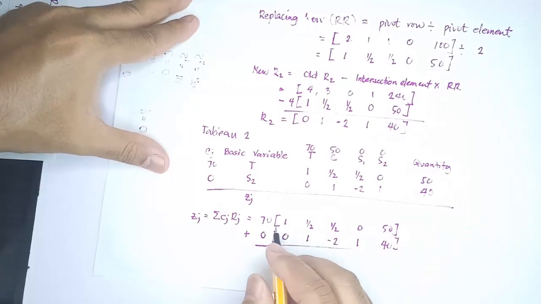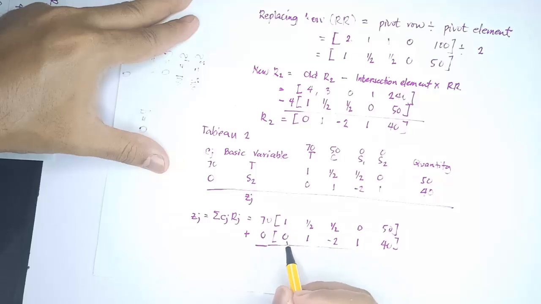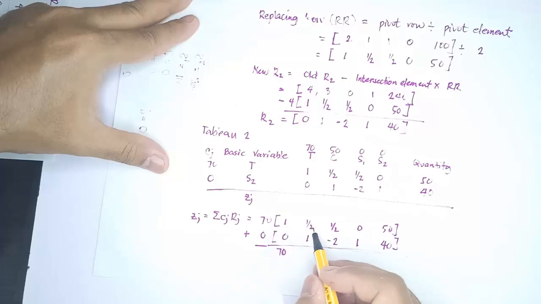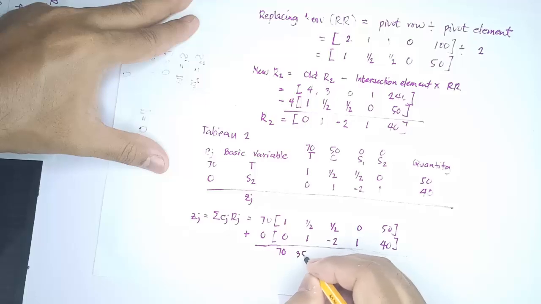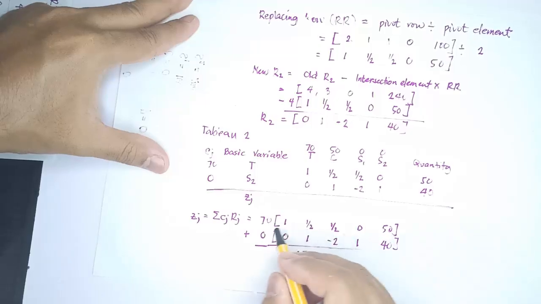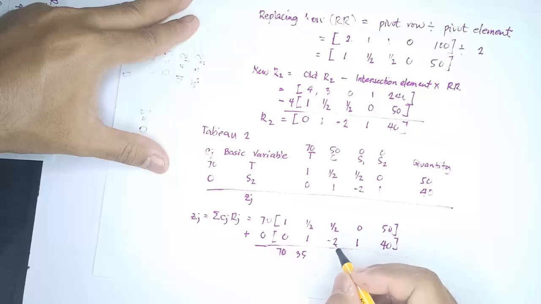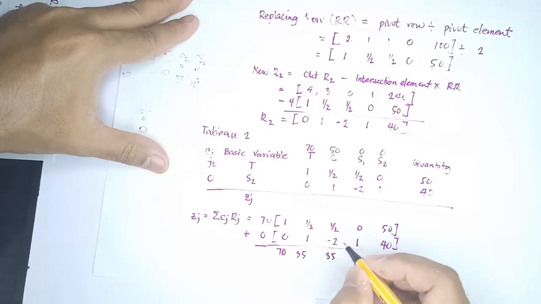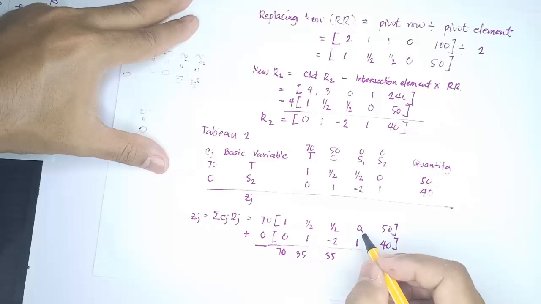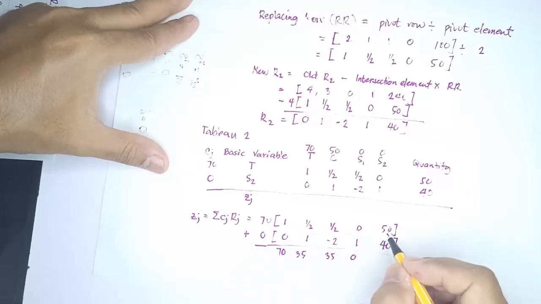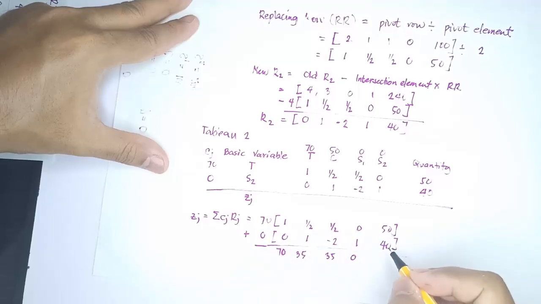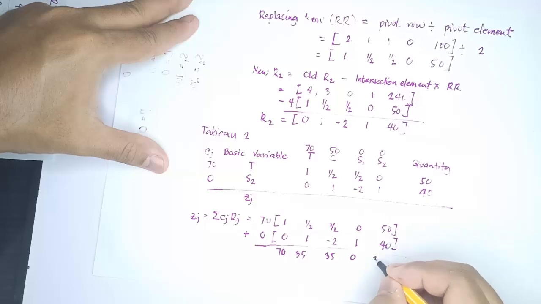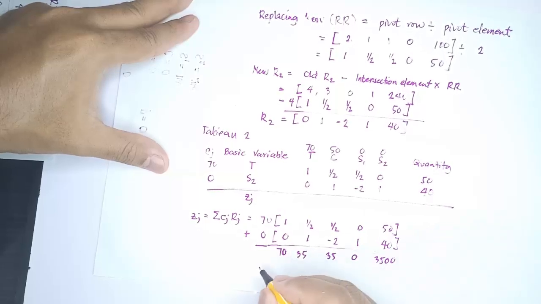The result is 70 times 1 plus 0, that's 70. 70 times 1 half plus 0, that's 35. 70 times 1 half plus 0, again 35. 70 times 0, that's 0 plus 0 equal to 0. And 70 times 50, that's 3,500 plus 0 is 3,500.